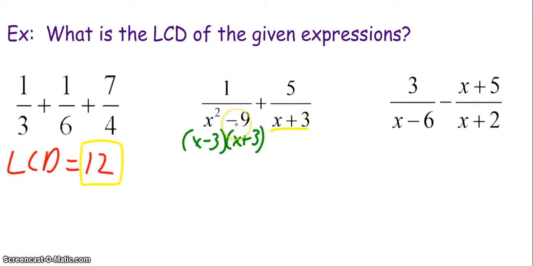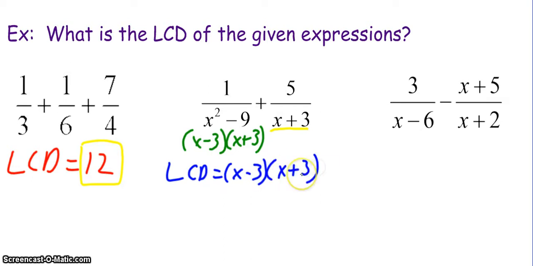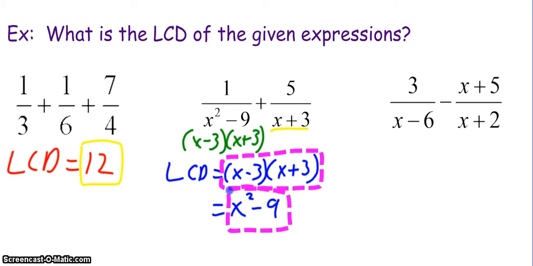So therefore the least common denominator is x minus 3 times x plus 3. Or you could write it as x squared minus 9. So either this form or this form is correct because they are both the same thing.